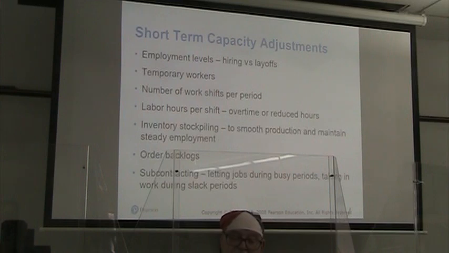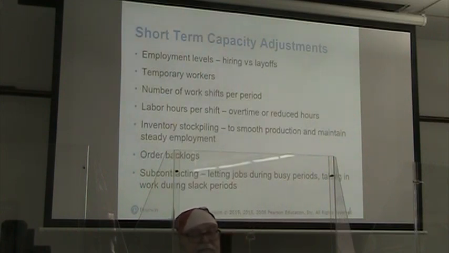We can have inventory stockpiling so that we can smooth our production and maintain a steady employment. But of course, this implies money tied up in inventory, and money is tied up in having storage space for the inventory. Maybe we can employ the old strategy of order backlogs.